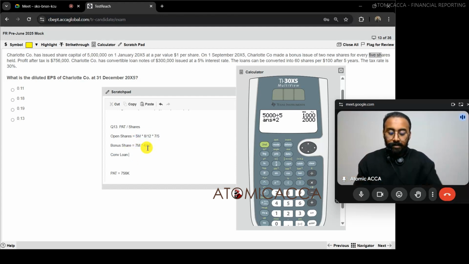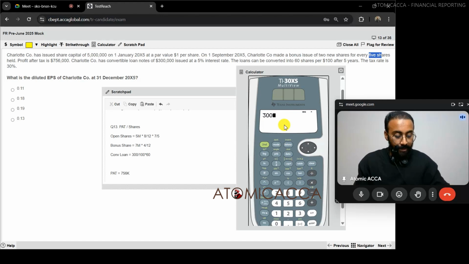Then there is a convertible loan note of 300,000, and for every $100 it can be converted to 60 shares. So that will be 300,000 divided by 100 multiplied by 60.